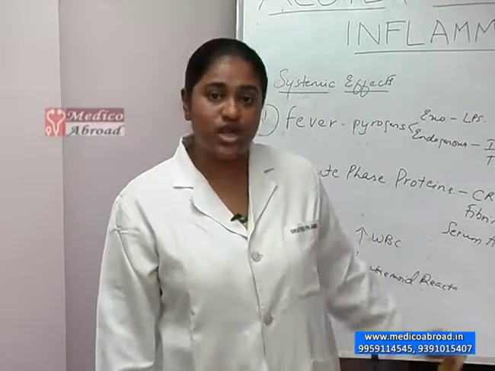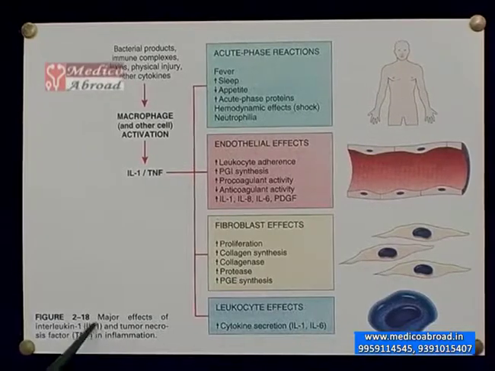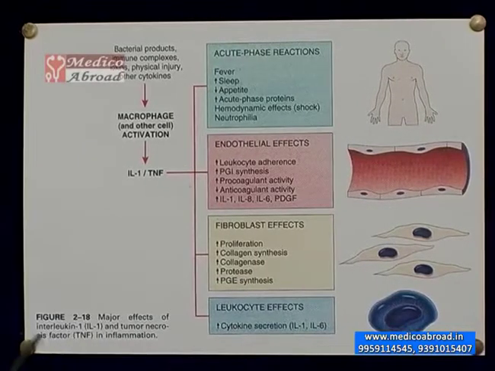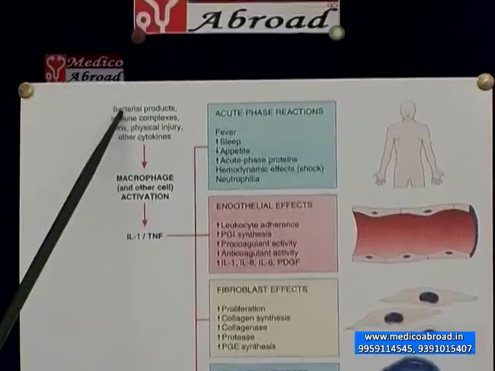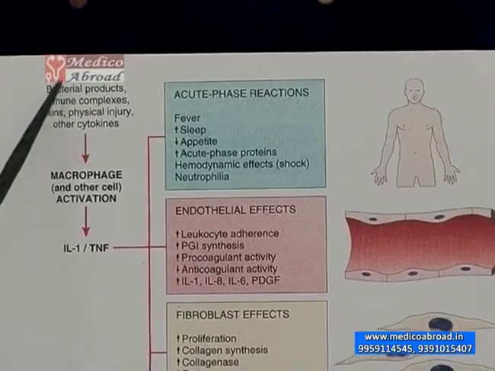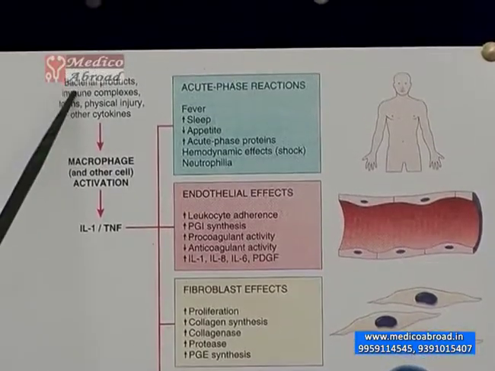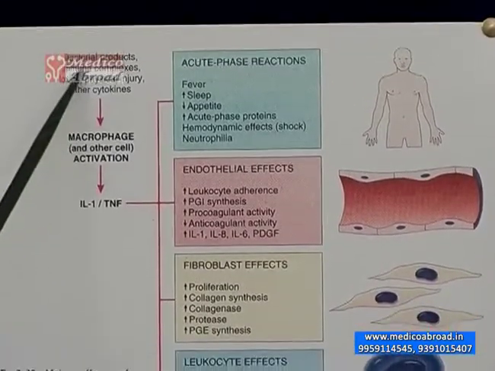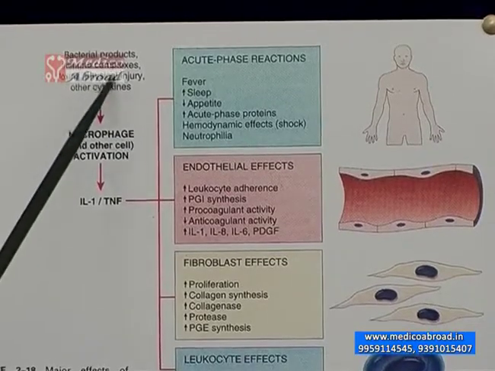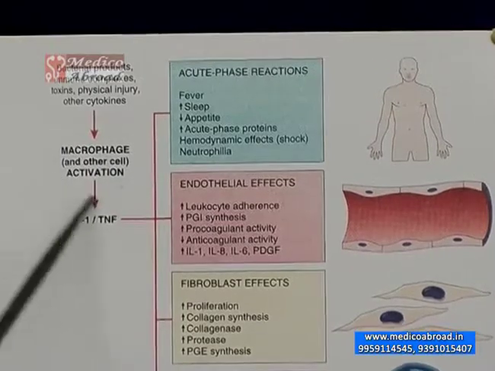Let's take a look at the chart. These are the major effects of interleukin-1 and tumor necrosis factor in inflammation. Bacterial products like LPS or lipoprotein or lipopolysaccharides present in the bacterial cell wall, other immune complexes, toxins, physical injury, and especially cytokines activate the macrophages.